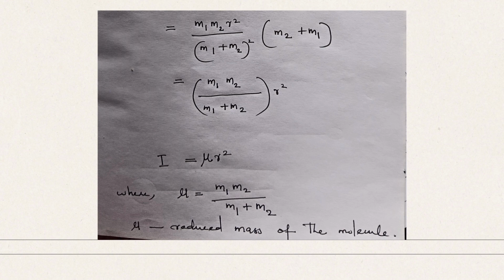We can write I = μ r², where μ = m1 m2 / (m1 + m2). μ is the reduced mass of the molecule. I = μ r² is the expression for moment of inertia for a rigid rotator.